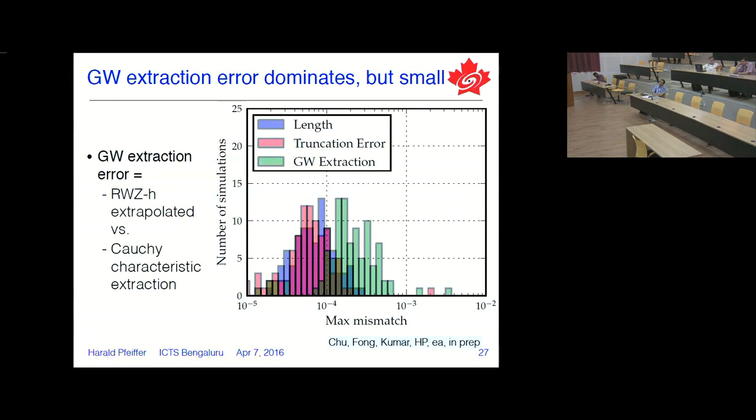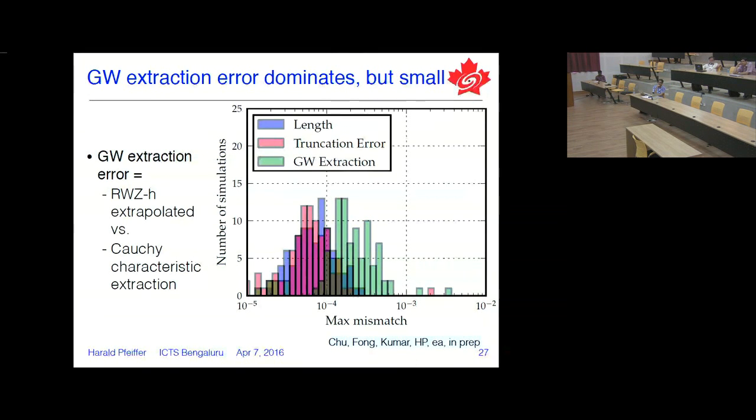Essentially, every other numerical relativity simulation and waveform being used only does Regge-Wheeler-Zerilli extraction. But doing both here, we could compare the two techniques with each other and found that the uncertainty in the waveform extraction is the dominant source of errors for these calculations.